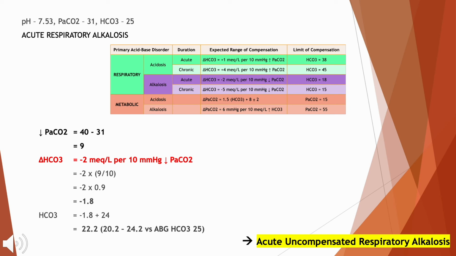Now, comparing the bicarbonate of 25 in the ABG to the computed values, we can see that it is not within the range. So we can say that this patient has acute uncompensated respiratory alkalosis. There is no appropriate or adequate response. Not appropriate because the bicarbonate is not yet going down, and inadequate because it was not able to bring the pH back to the normal level.